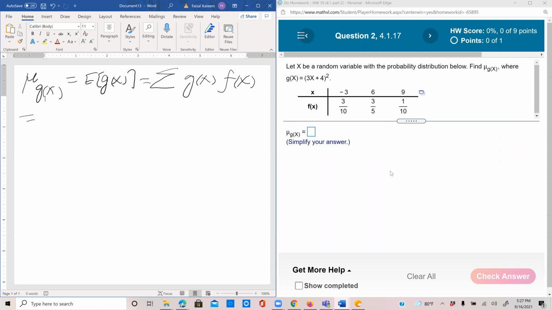So we can actually tabulate. Since we are going to multiply the values of g(x) against f(x), we can make a table.